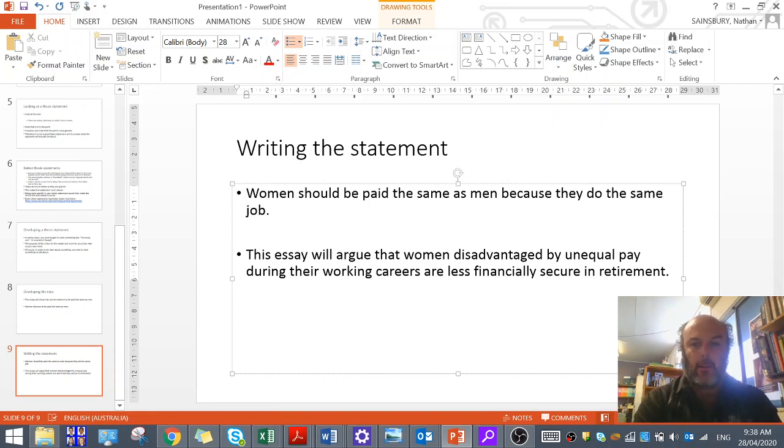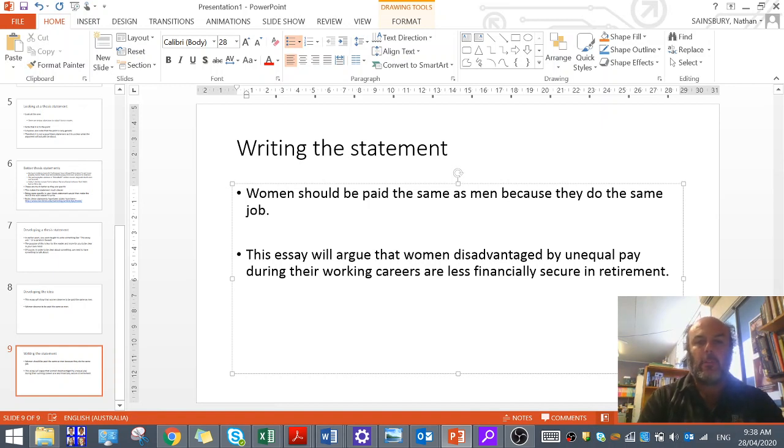What makes it better is that I've been very clear when I'm talking about what I'm talking about. It's doing more, it's building on that basic idea that women should be paid the same as men. This now shows why that is an issue and gives me something that I could work with. I could use my evidence to build that argument.